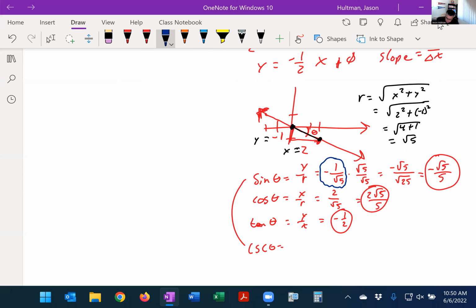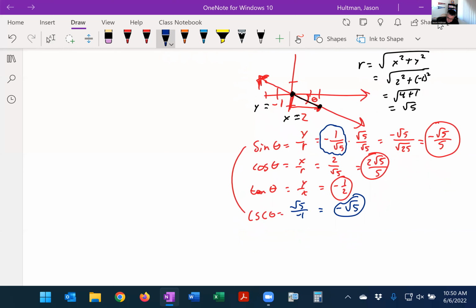If I flip this upside down, it becomes radical 5 over -1, which is just negative radical 5. So I don't have to rationalize it. I just keep the radical in the denominator, and then the radical becomes the numerator.